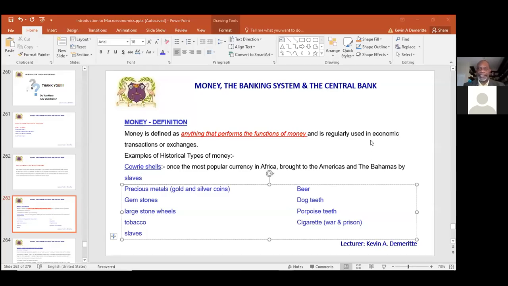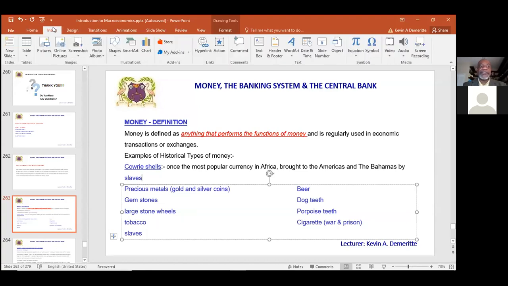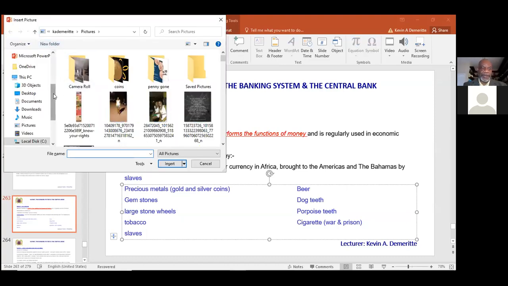Cowrie shells look like... If you know the central bank's sand dollar logo, let's see if I can find it very quickly.